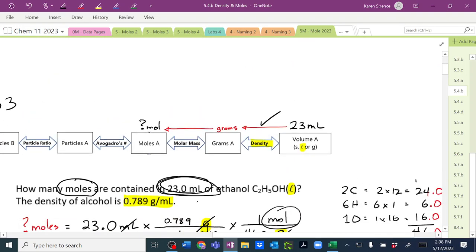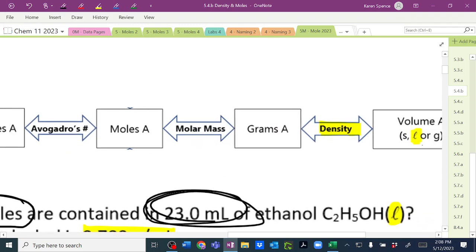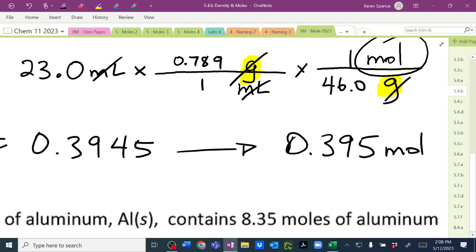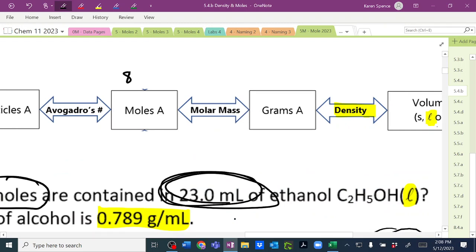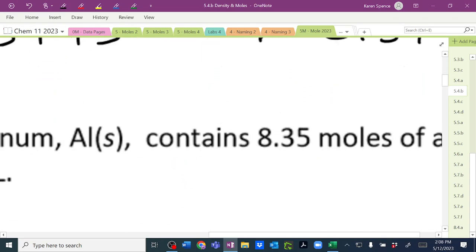So if we look at our little chart again here, we would be starting at moles this time. Okay, what's our number there? 8.35 moles. And you'll notice, what type of substance is aluminum?